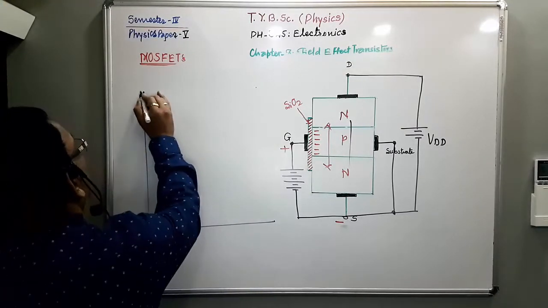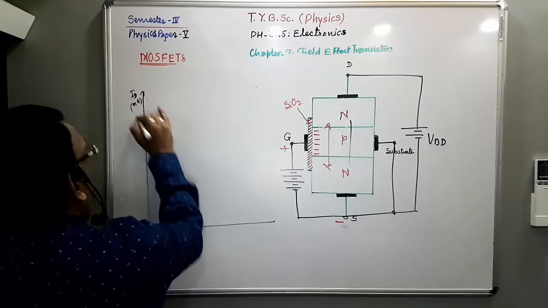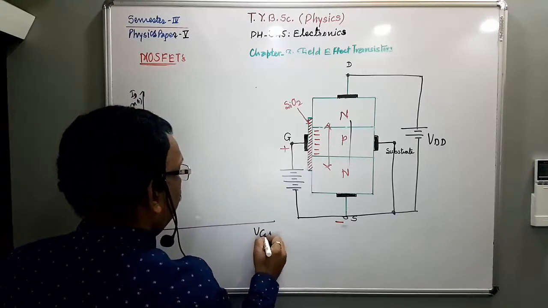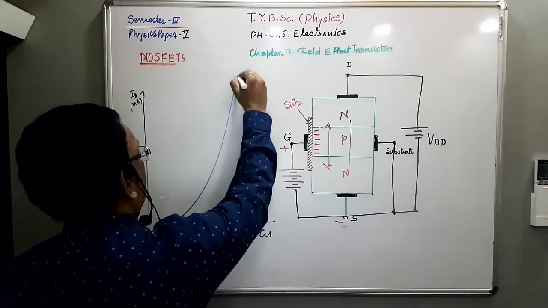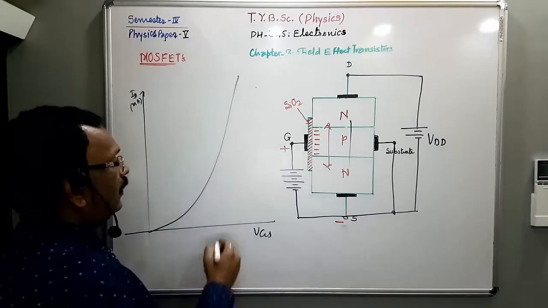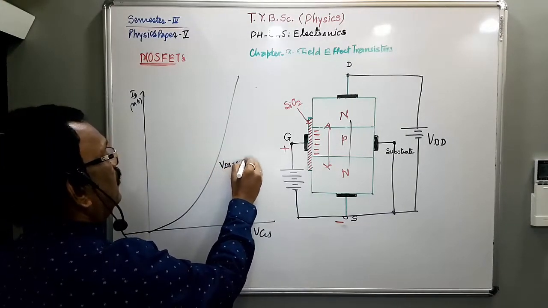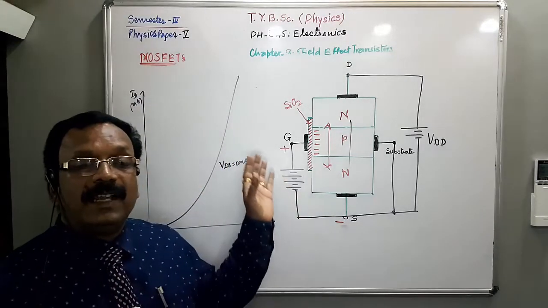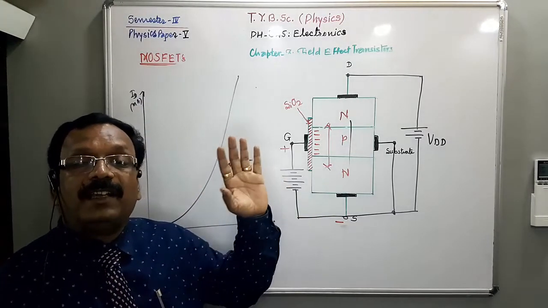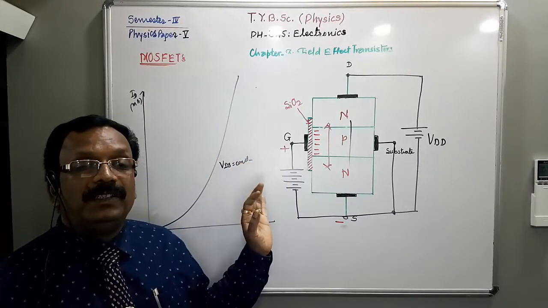This is the ID axis in milliampere, and this is VGS, and this is the curve at constant drain to source voltage. The transfer characteristics of an n-type channel enhancement type MOSFET in common source configuration are shown in this figure.